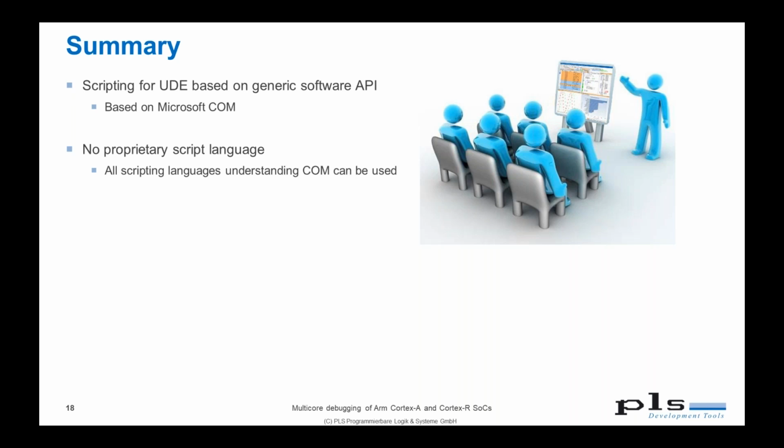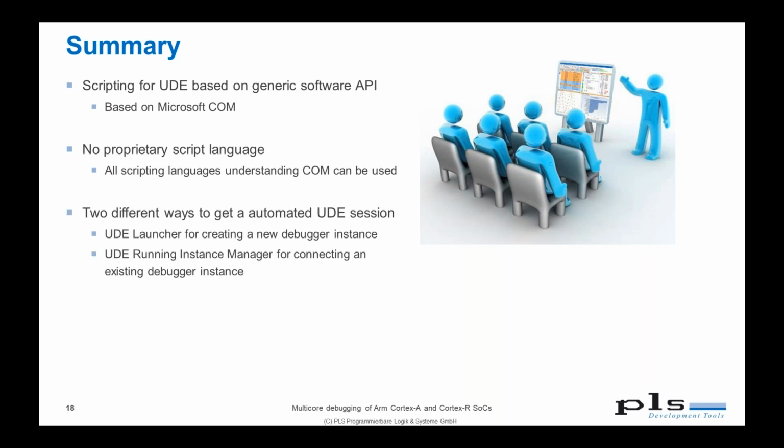The big advantage of this approach is that all scripting languages that understand COM can be used together with UDE. I showed you a Python example, but also possible are Perl, Visual Basic, JScript, or Windows PowerShell, and everything else.